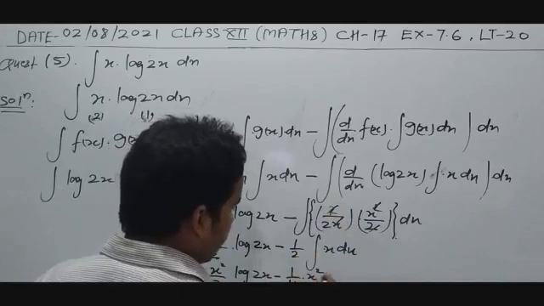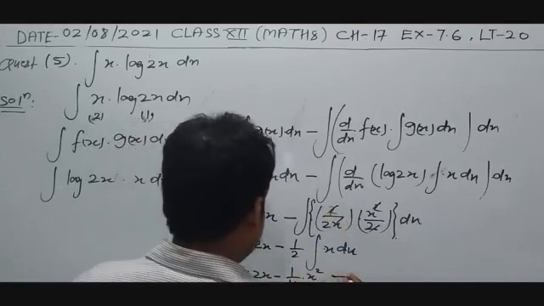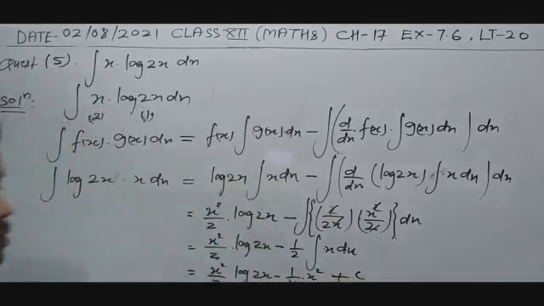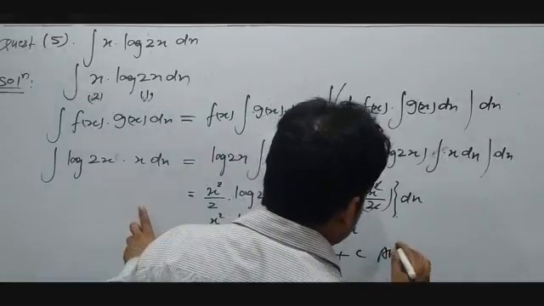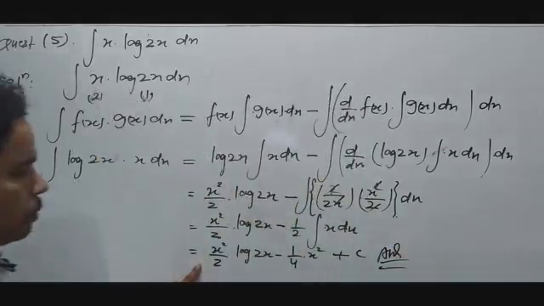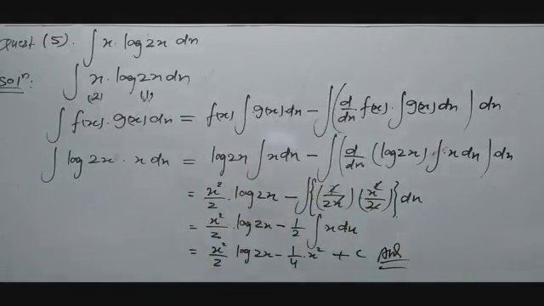So again this will be x square by 4. Now plus c. This is the answer. Answer is x square by 2 log of 2x minus x square by 4 and plus c. Now question number 5 is completed.